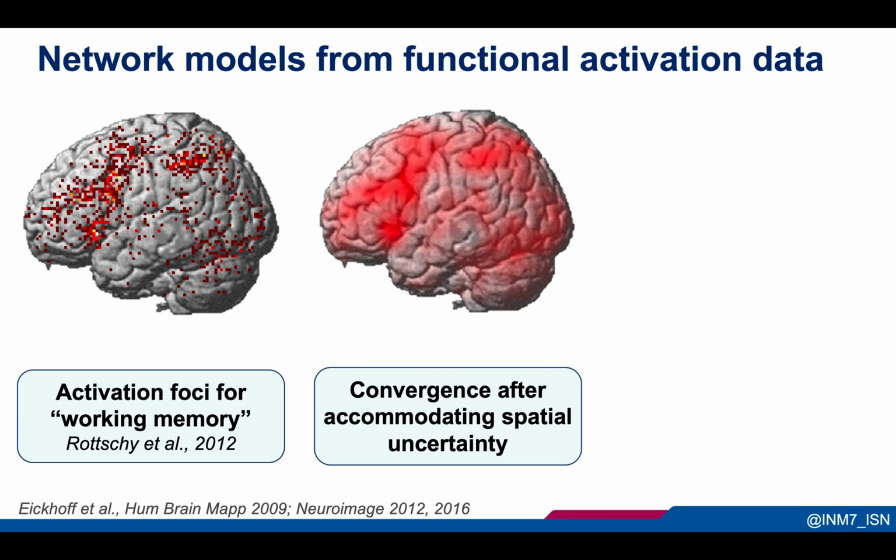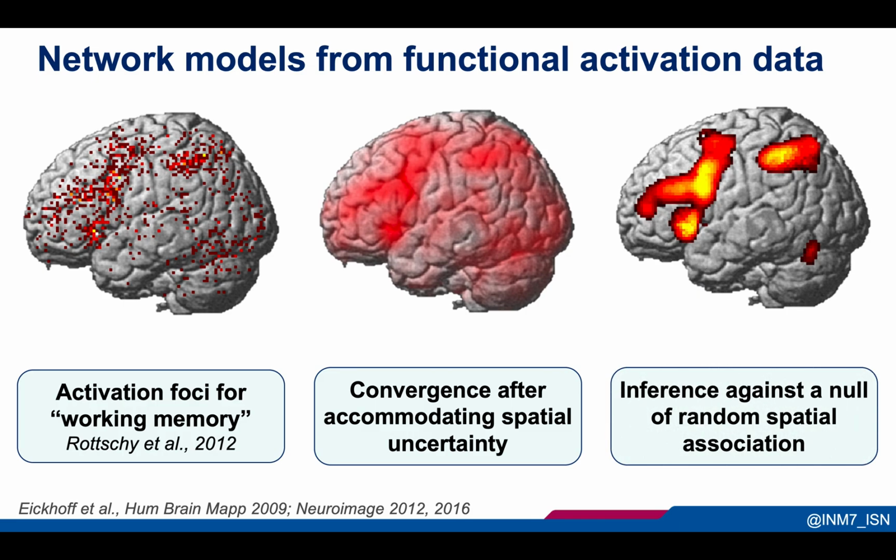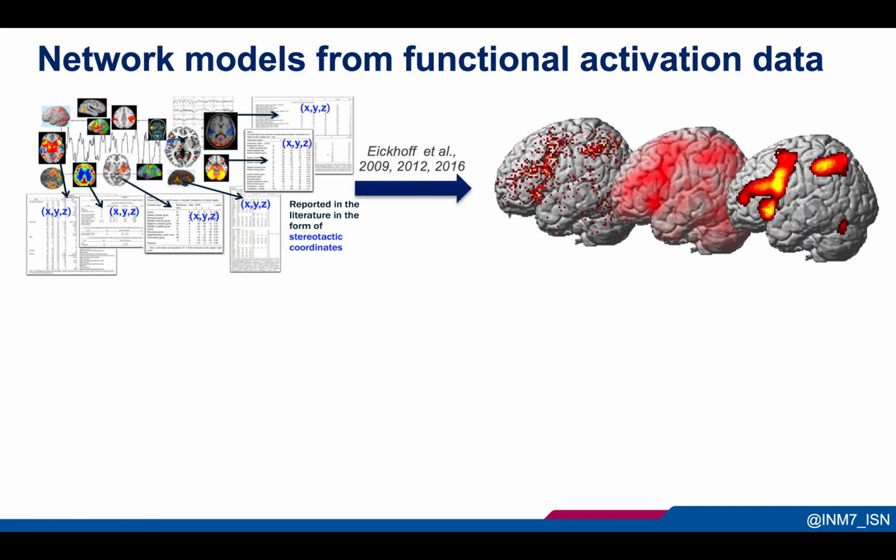The way to do that is to first accommodate spatial uncertainty that's associated with any reported findings in these kind of activation likelihood estimation maps, and then perform an inference against a null distribution of random spatial association.